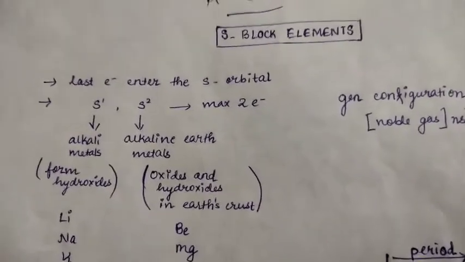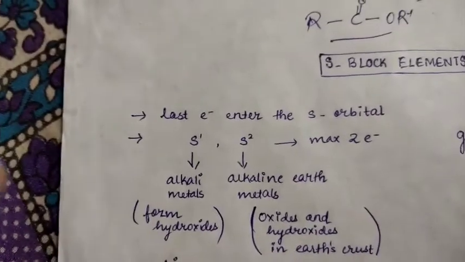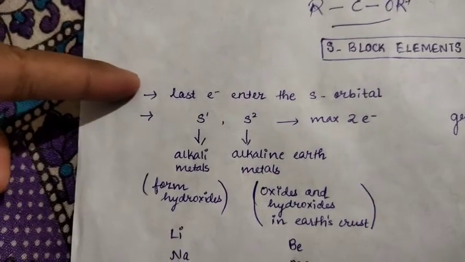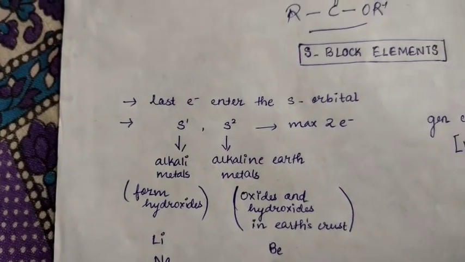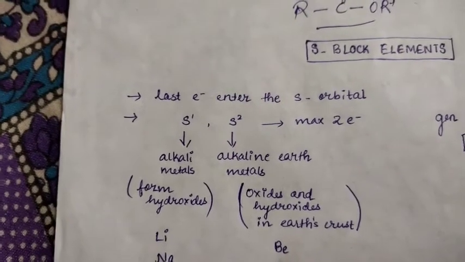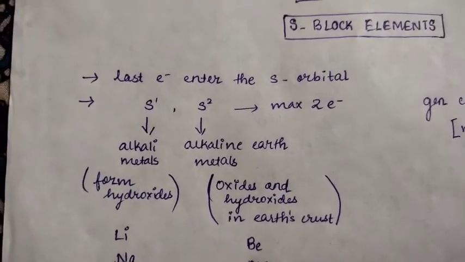So here we are going to talk about the S block elements. Here I have already written the points that the last electron enters the S orbital. Those elements whose last electron enters the S orbital or the S shell are known as the S block elements.